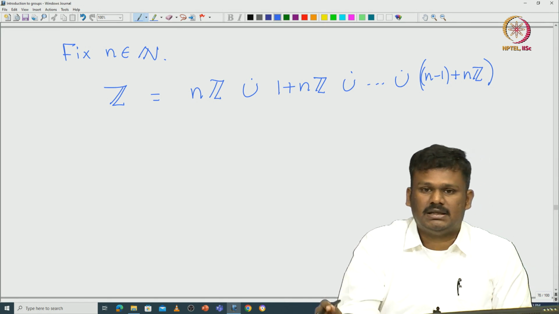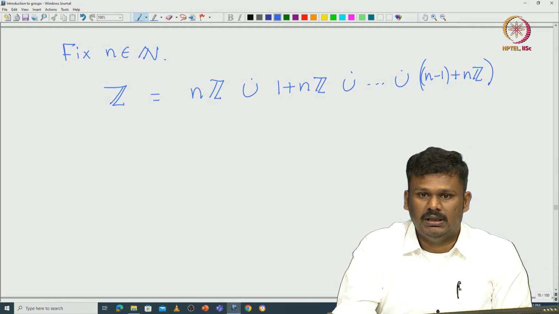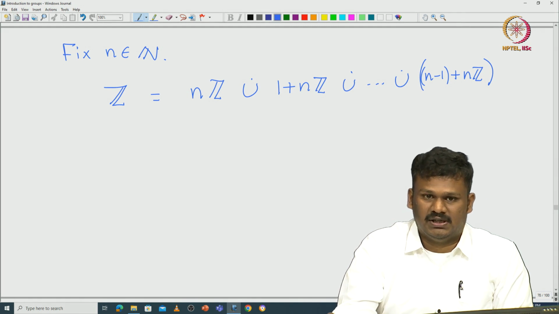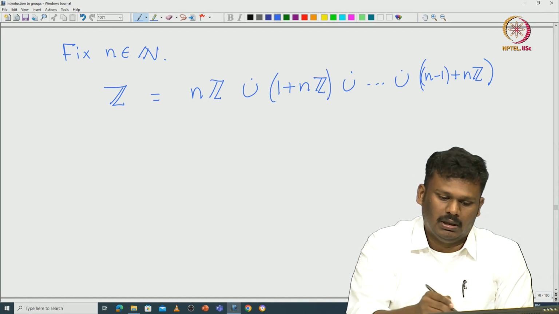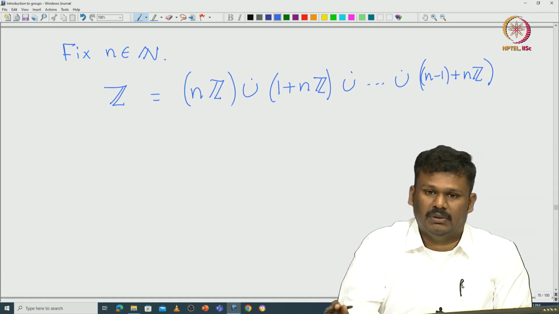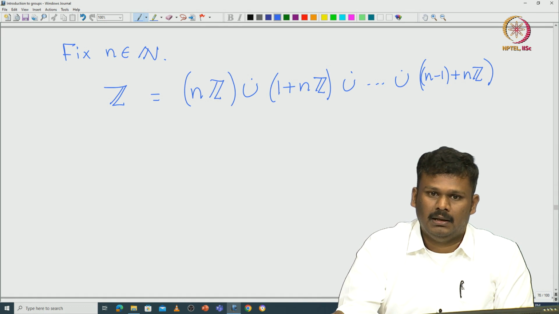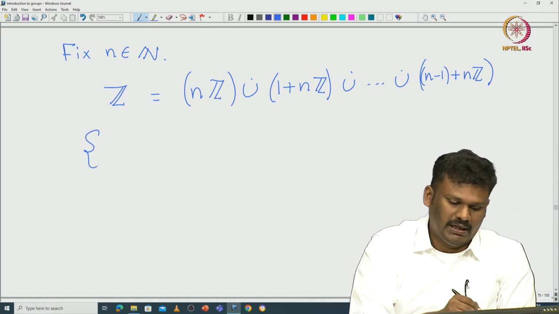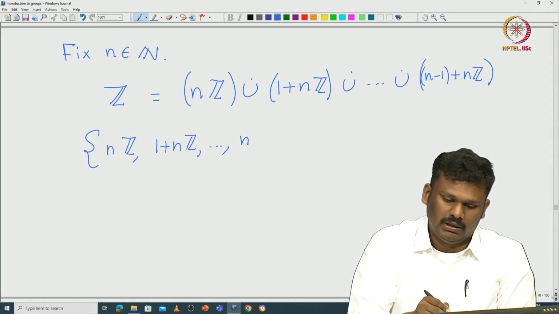So, you can partition Z into these n subsets: nZ, 1 plus nZ, and so on up to n minus 1 plus nZ.